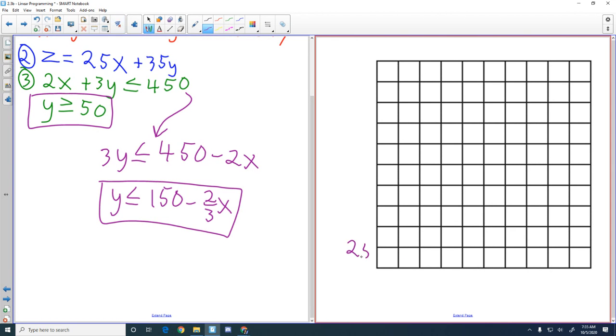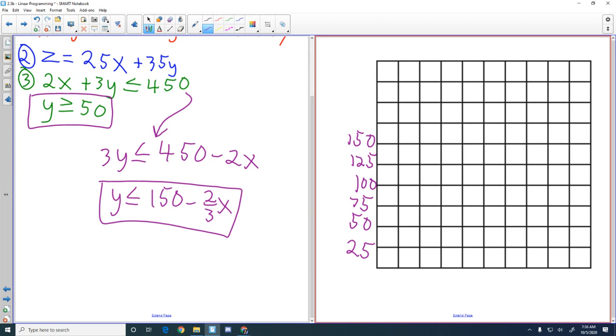So if this is 25, 50, and then 75, 100, 125, 150. And you can keep on going up to the top, but I know that I'm only going to need to get to 150 because that's the biggest y-intercept that I have here. And then we want to make sure we scale our x-axis by that same amount. Each line is going to represent 25 units.